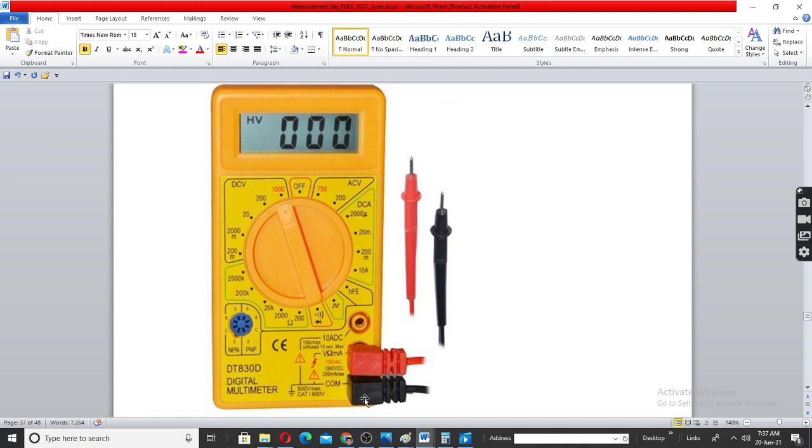But at the 10 amperes range, the red lead should be placed in the upper terminal. It has fuse protection.